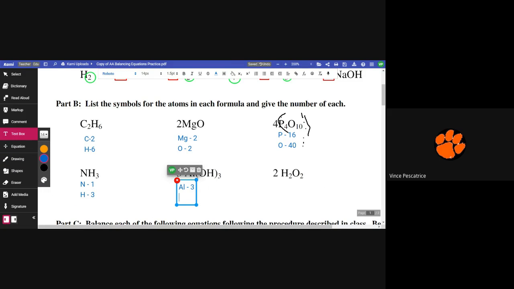I'm going to write down (OH) as 3. Now, that's only if you see parentheses around something like this. All right? Another way you could write it that's just as correct is O3, and there's 3 H's as well.